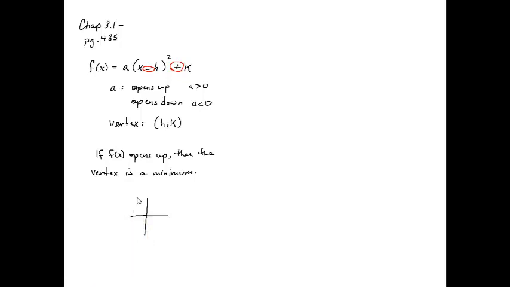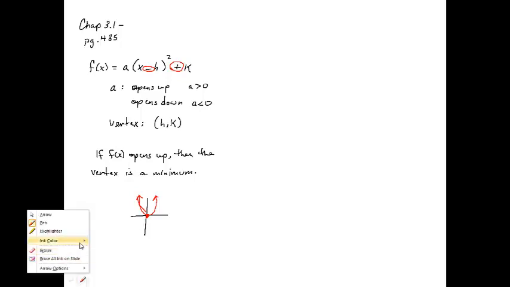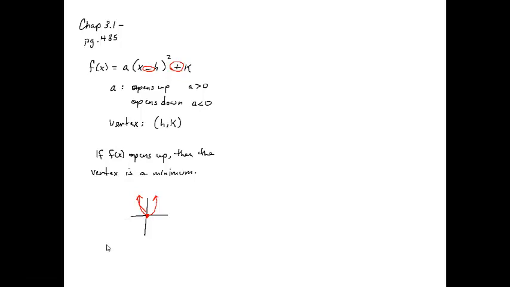I always go back to functions I know. Here's x squared. Well, it opens up, correct? And what do we notice about the vertex? It is the minimum, the smallest point. If f of x opens down, then my vertex is a maximum.